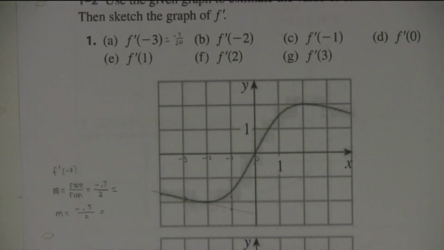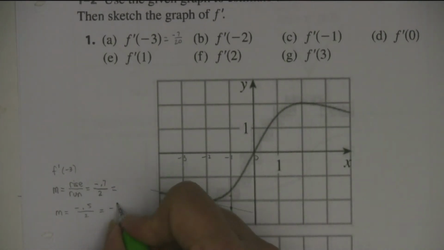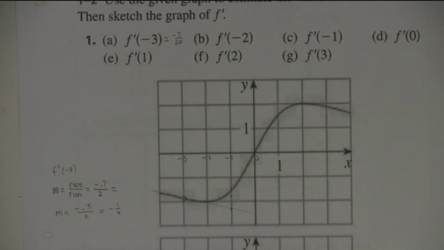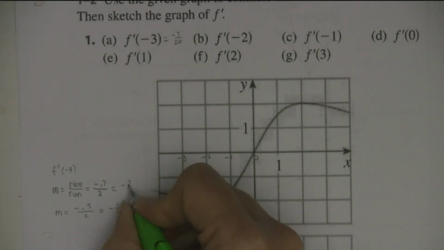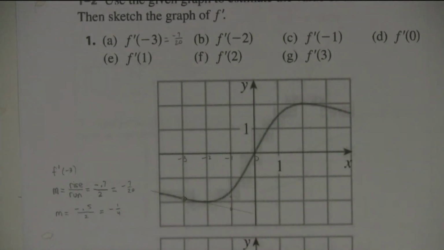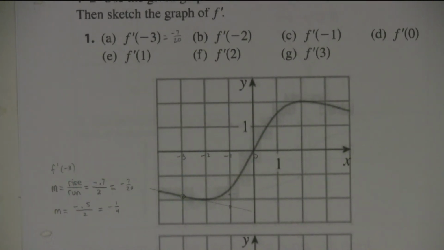And when you do that one, -0.5 divided by 2, it's -1/4, and so it is certainly looking nicer, right? And this one was -7/20. Whichever one, somewhere in that range, they're not very different from one another, and they're just trying to get us the idea that it's the slope at a point.